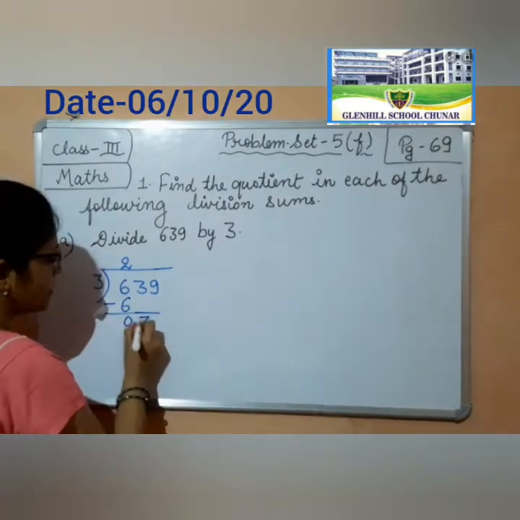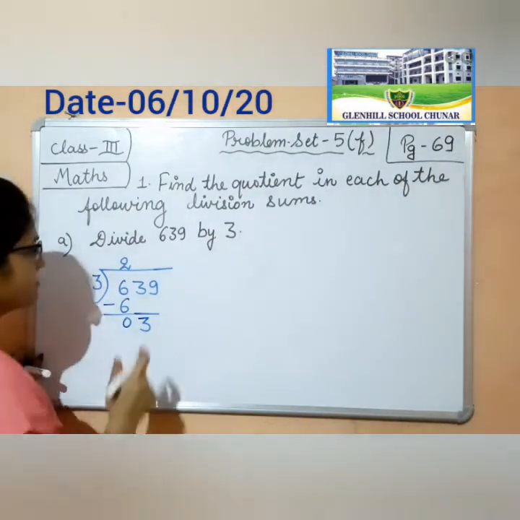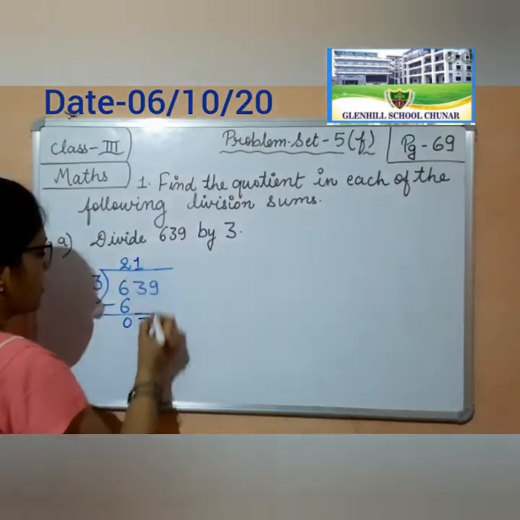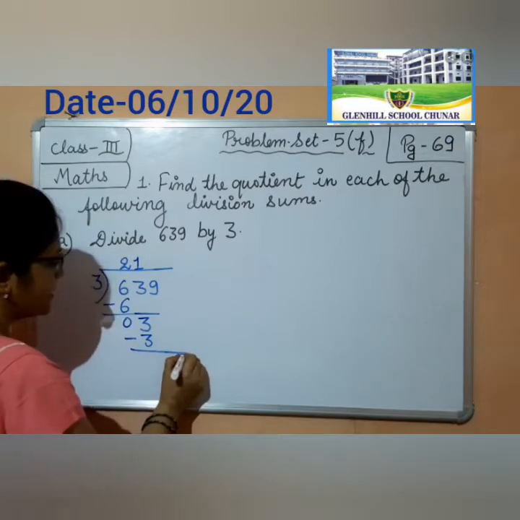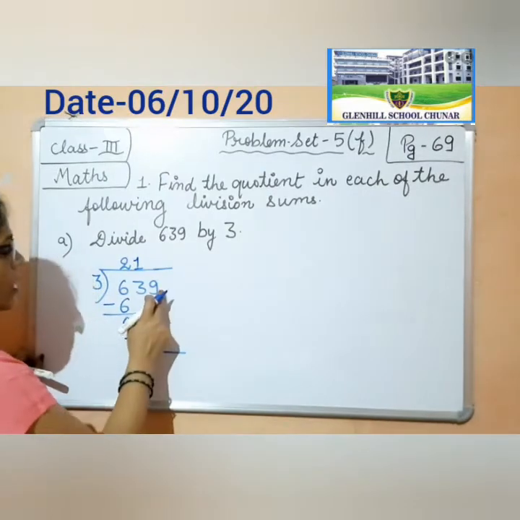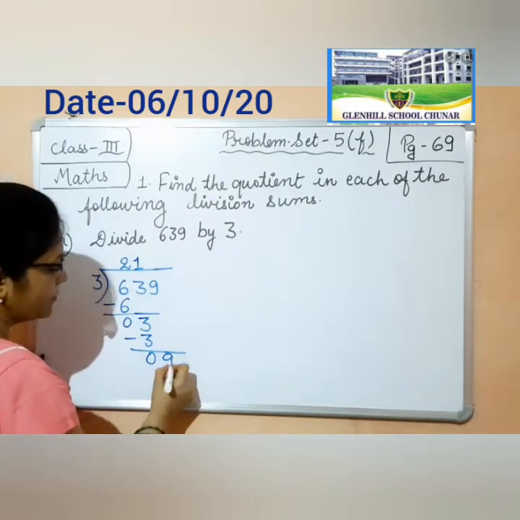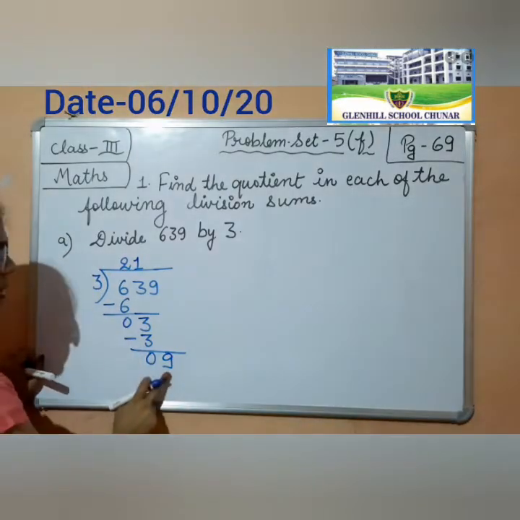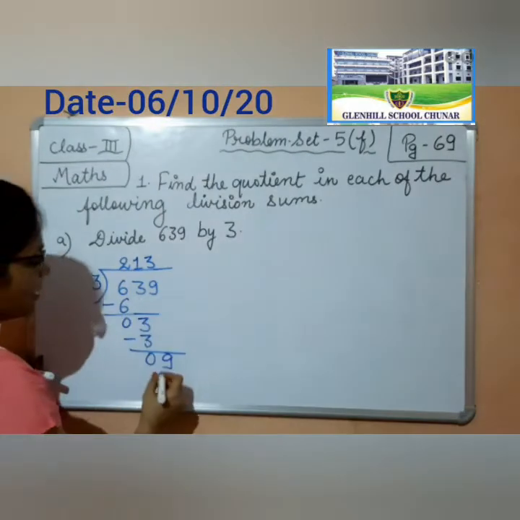Okay, now in 3's table, how many times 3 comes in one time? Okay, again I have done here minus, then 3 minus 3 will come 0. So again 9 is left, 9 again I have put here. Now in 3's table, 9 comes in 3 times. 3 3s are 9.